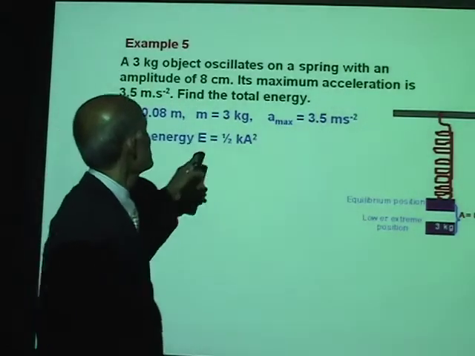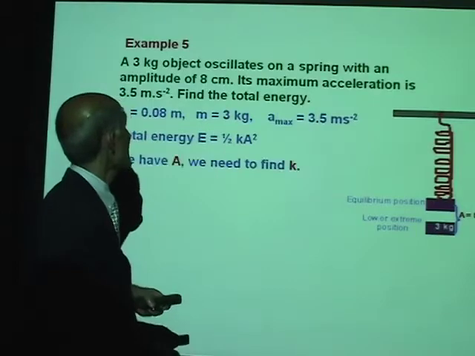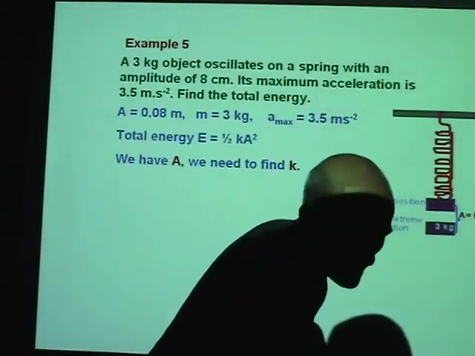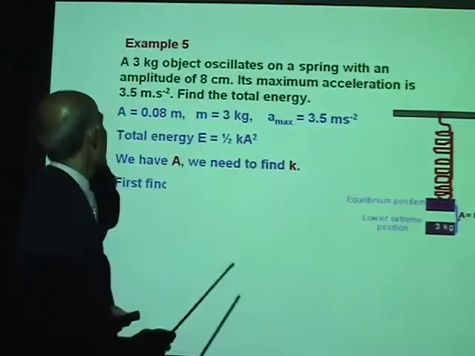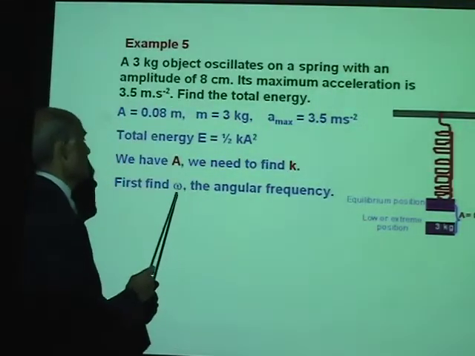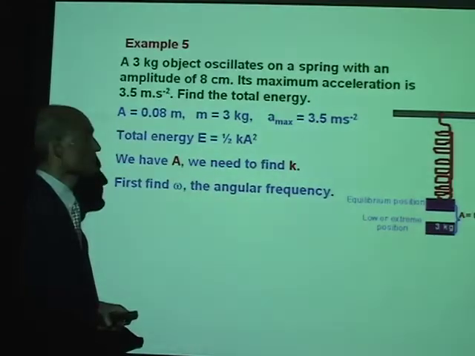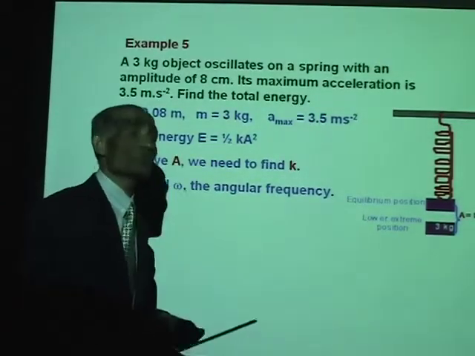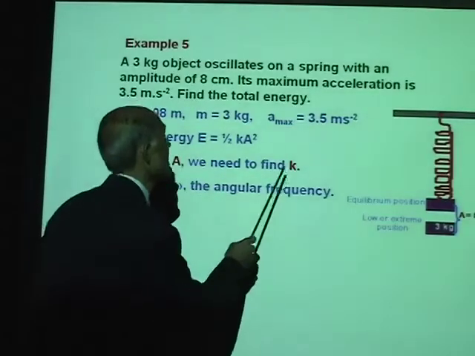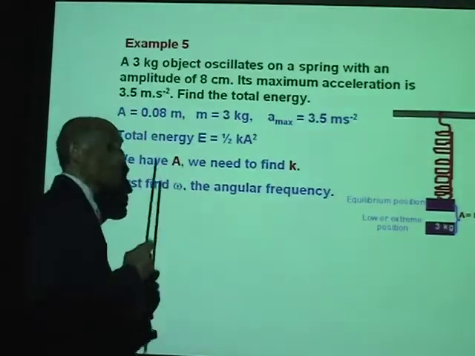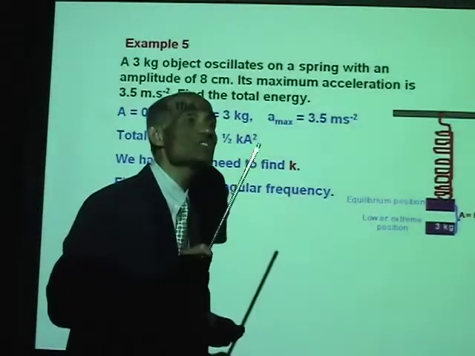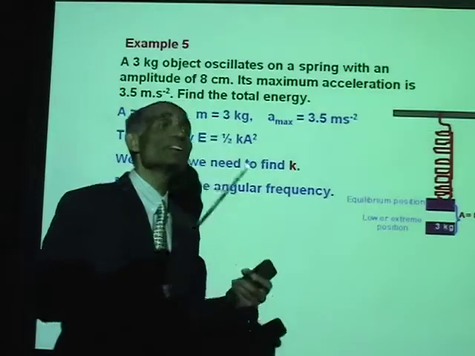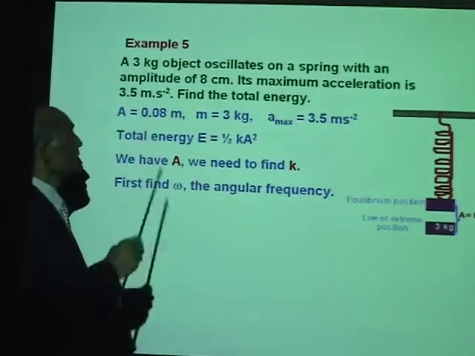The total energy E is 1/2 kA squared. We have A, the amplitude. That means we need to find K. How? Well, first we find omega, the angular frequency, because you know that K is related to omega, as omega is square root of K over M, or omega squared is K over M. So let's find omega.